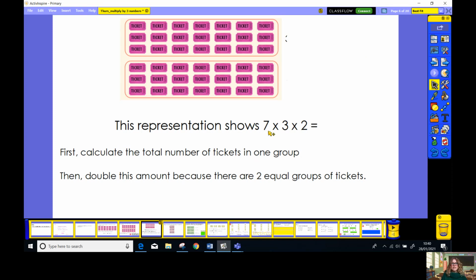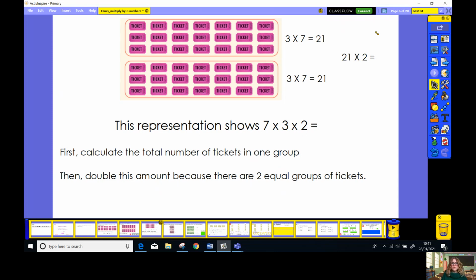Well done. This representation shows 7 multiplied by 3 multiplied by 2. Now in each one of these 2 groups I have 21 tickets. Now I need to take that 21 and double it. 21 times 2 equals, well, what's 2 lots of 21?